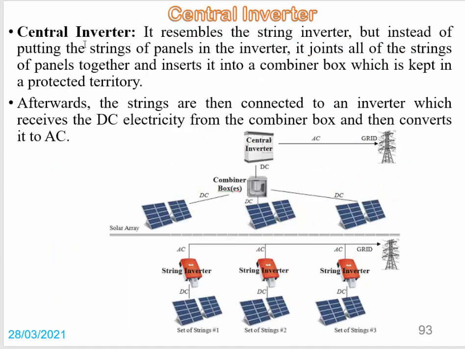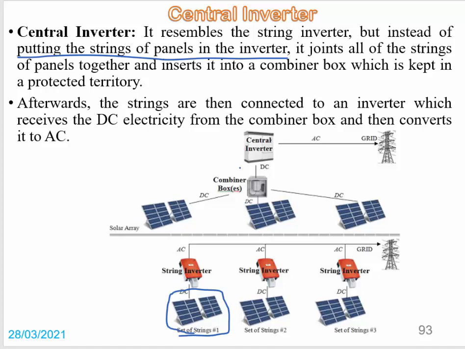The next type is the central inverter. In this type, it's like the string inverter. The difference is that in the string inverter, as we can see here, we put the strings of panels into the inverter. Here we have a string of panels. In that type, all the panels are connected to the same inverter directly.